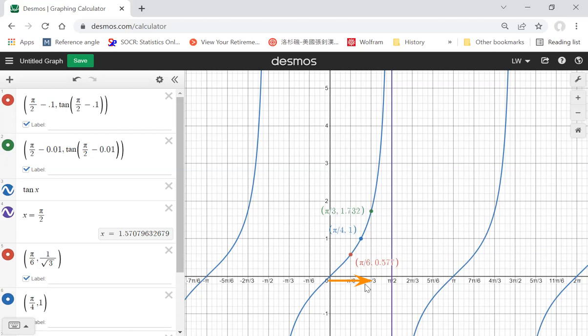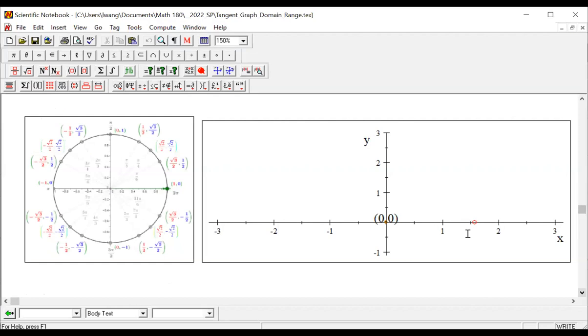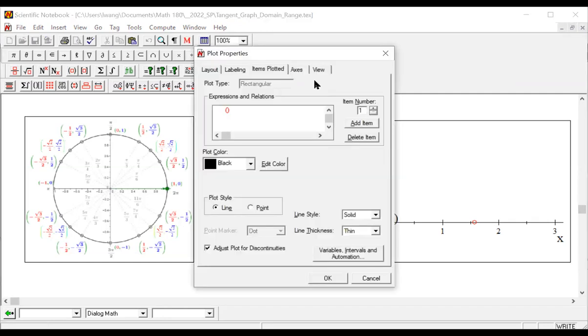So now we're going to look at these. Okay, so let's go back to our curve. Okay, so if we now put the tangent curve on this piece together, right?